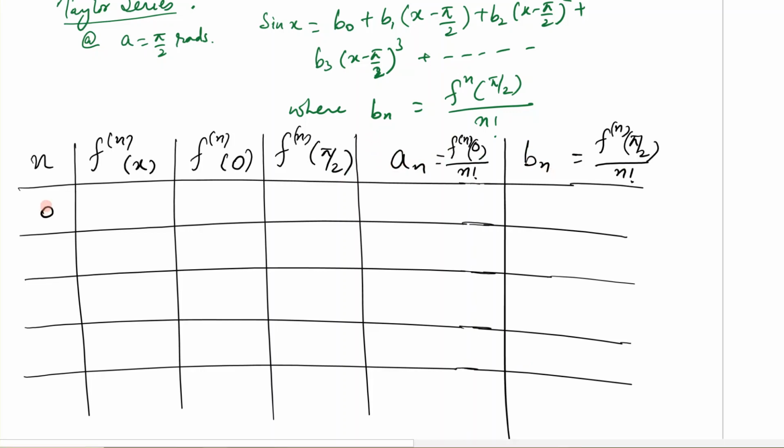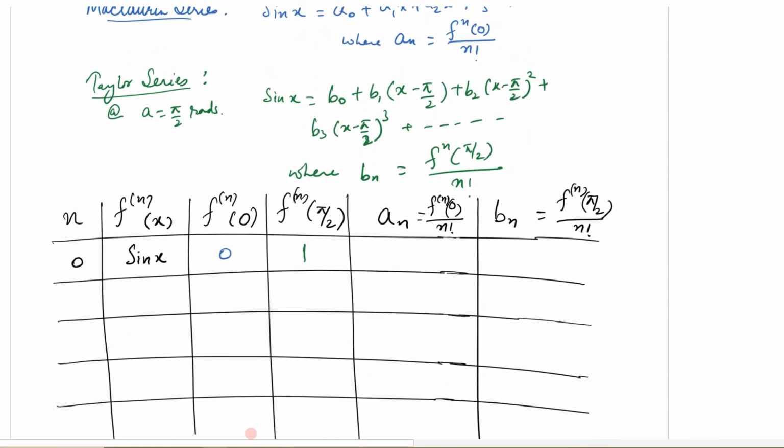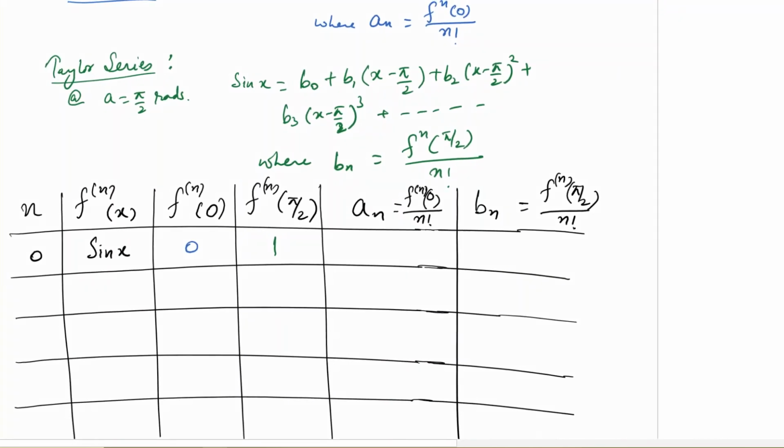For n equals 0, we have the original function sin x. The value of sin x at 0, sin 0, is 0, and sin(pi/2) is 1. So an would be f(0) over 0 factorial, which is 0, and bn would be f(pi/2) over 0 factorial, which is 1 over 1, so 1.